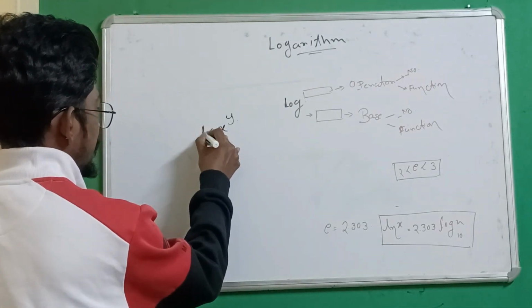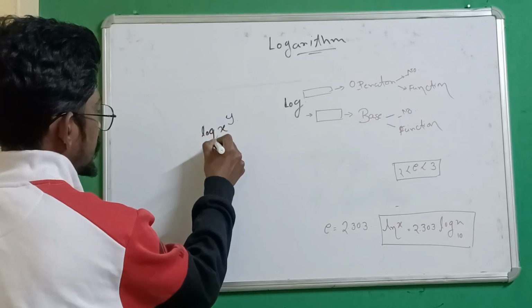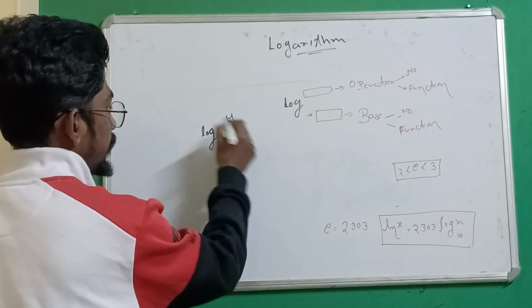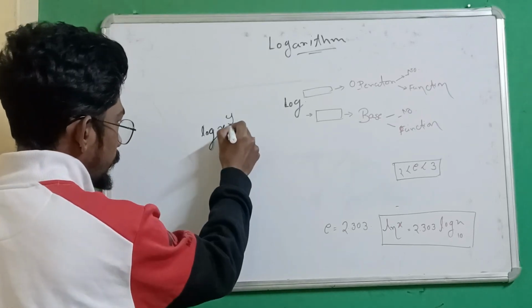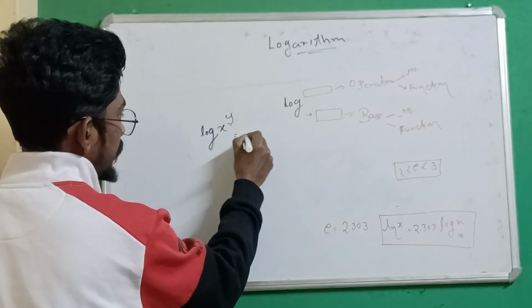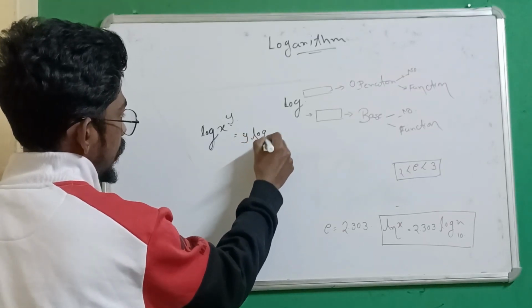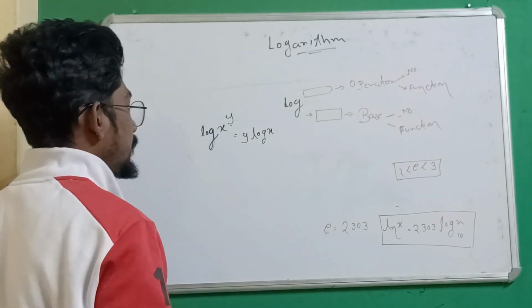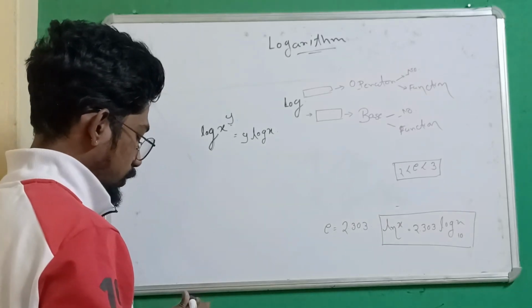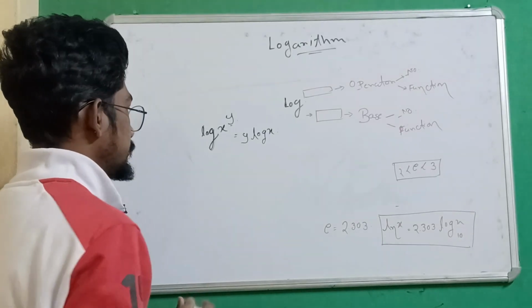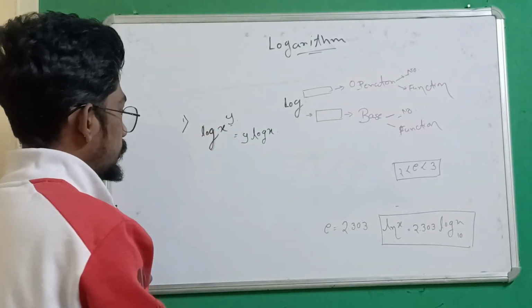The function is x and the exponent is y. This y will come out, so it will look like y log x. This is one of the formulas.